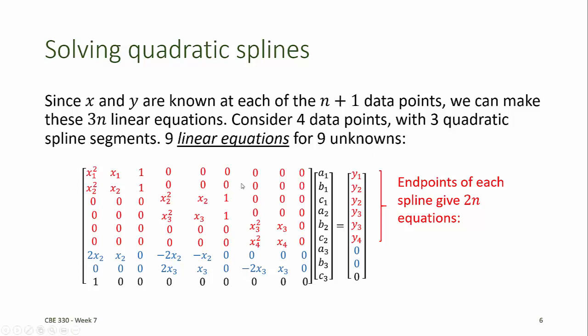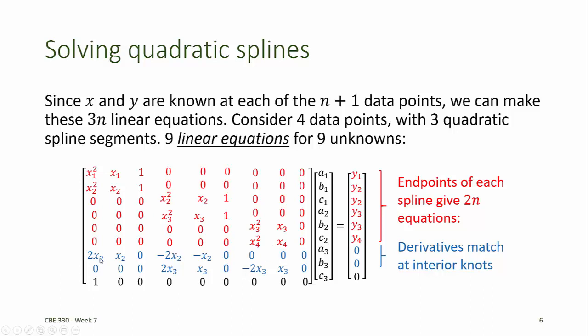The first spline segment has to match y1 at x1, and the first spline segment also has to match y2 at x2. Then the second spline segment, containing coefficients a2, b2, and c2, has to match y2 at x2, and it also has to match y3 at x3. The two equations represented here in blue enforce the constraint that the derivatives have to match at the interior knots.